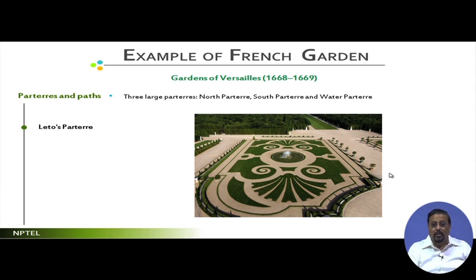Now, let us look at this example called Leto's pathway. If you look at this, this is one zone which is a pathway. This pathway has nice pavements, very ornamental pathways, very well crafted, well manicured and maintained green lawn. But if you look at the entire thing, of course, at the center there is a fountain. It looks almost like a very intricately woven carpet.